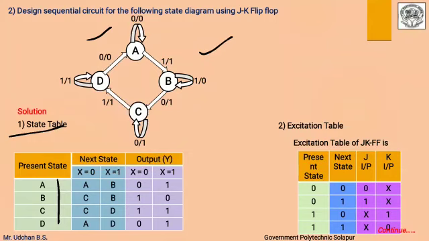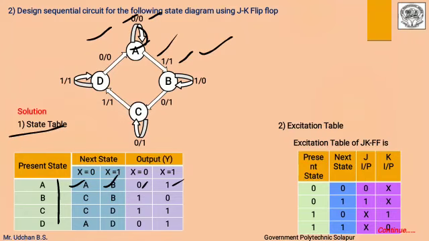Now when the present state is A and I apply an input 0, it will remain in that state only. So I will write for x 0, A. When x is 1, it goes to state B, and for x 0 the output is 0, for x 1 the output is 1.